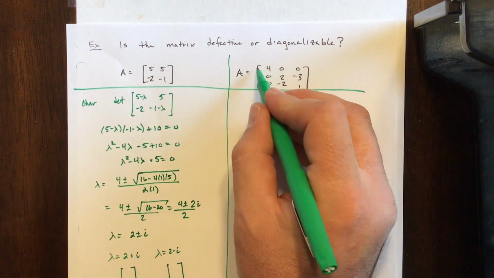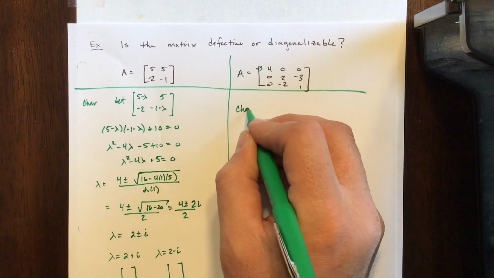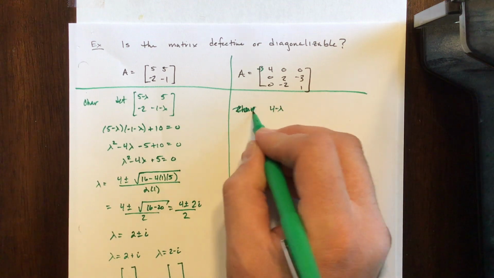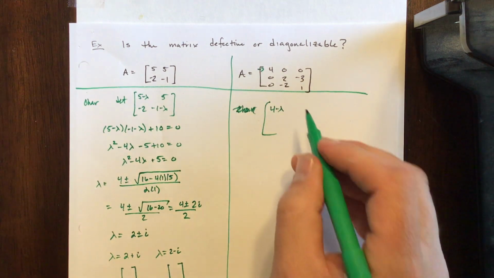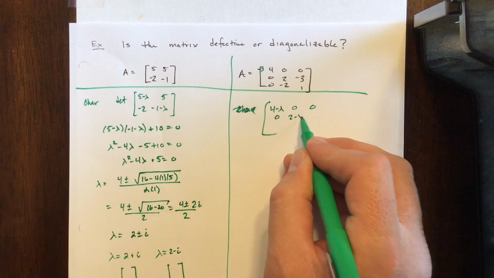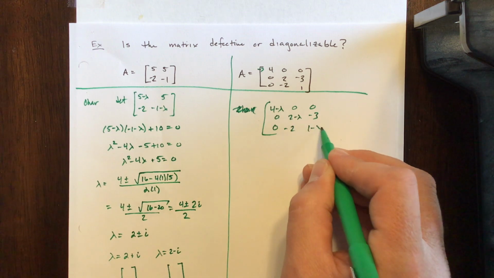Characteristic polynomial, we'll expand across the top row. So the characteristic polynomial is going to be 4 minus lambda. Oh, sorry. Let's say what A minus lambda I is. It's 4 minus lambda, 0, 0; 0, 2 minus lambda, negative 3; 0, negative 2, 1 minus lambda.